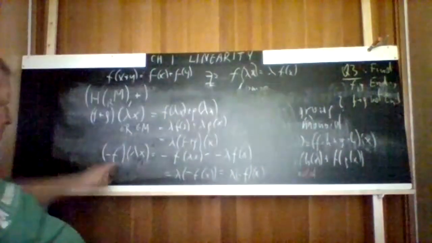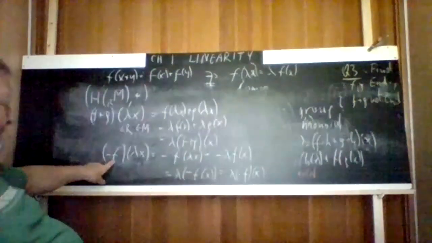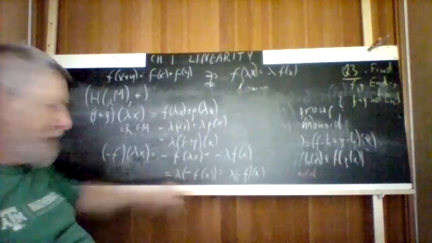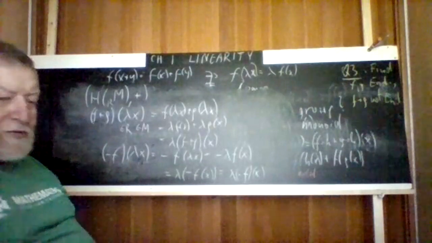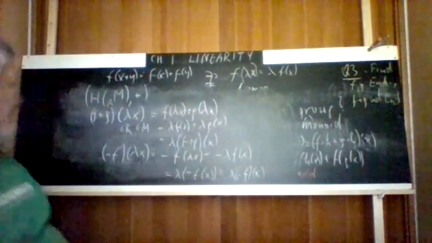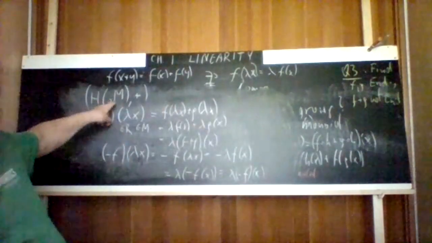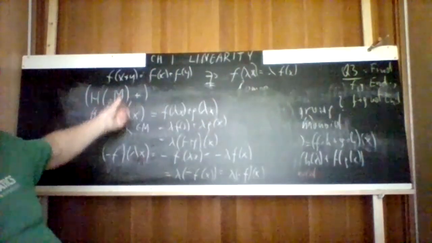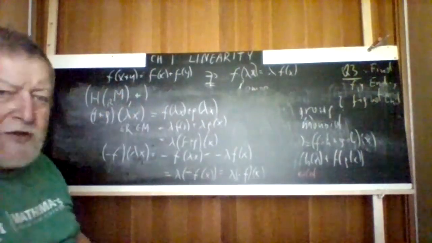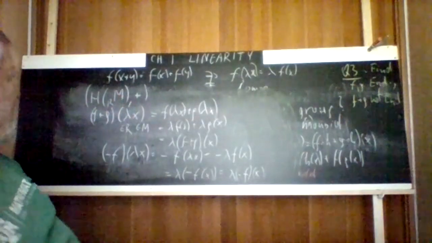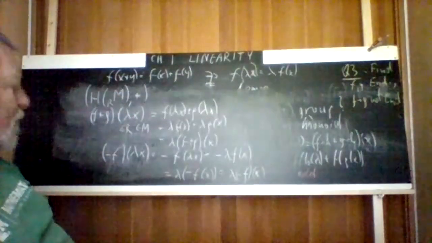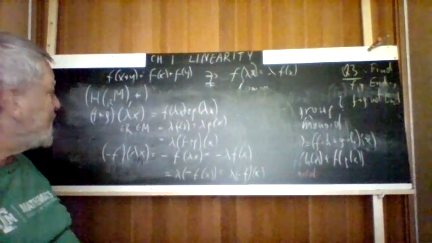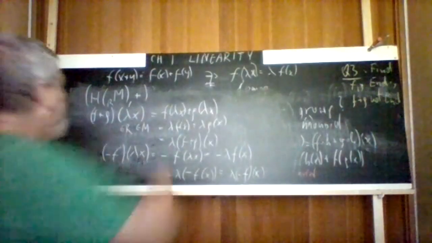And we see if we can pull out the lambda for f, we can pull out the lambda also for minus f. And so, yes, we can say this is a group. And since M has abelian addition anyhow, we can readily say that we get a group. And it's very easy to see that this will be an abelian group.